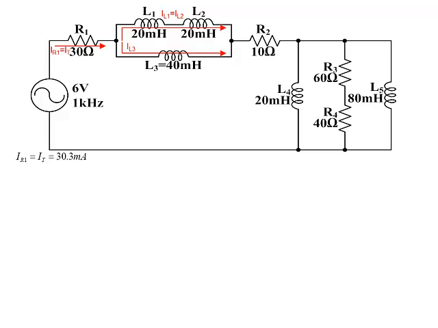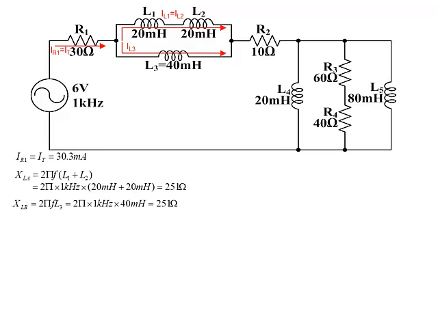The impedance of each branch and the total impedance of the parallel section must be calculated so that the current divider formula can be used. The impedance of the top branch, which we will call XLA, works out to be 251 ohms, as does the impedance of the bottom branch, which we will call XLB.